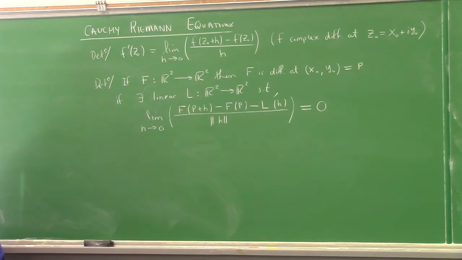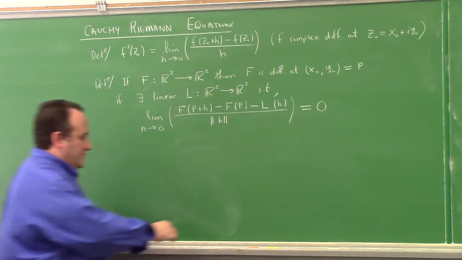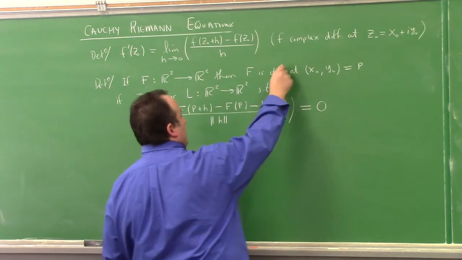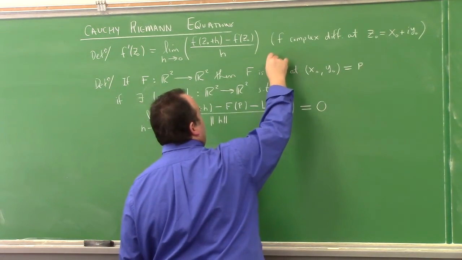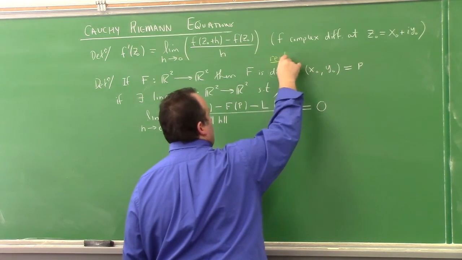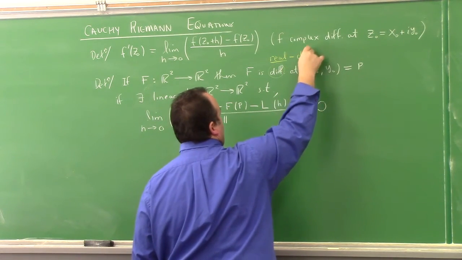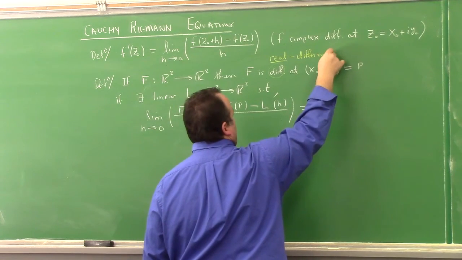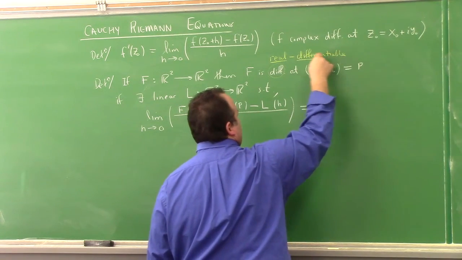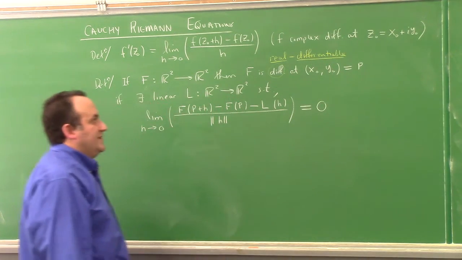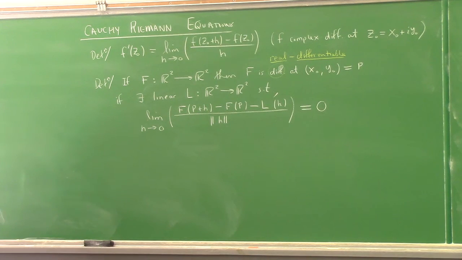And I said differentiable, but to be more explicit here, what I'm really saying is real differentiable. We don't always say real differentiable when we're just talking about real variables, but in this discussion it's probably worthwhile. This is what we mean by real differentiability of a mapping from R2 to R2.